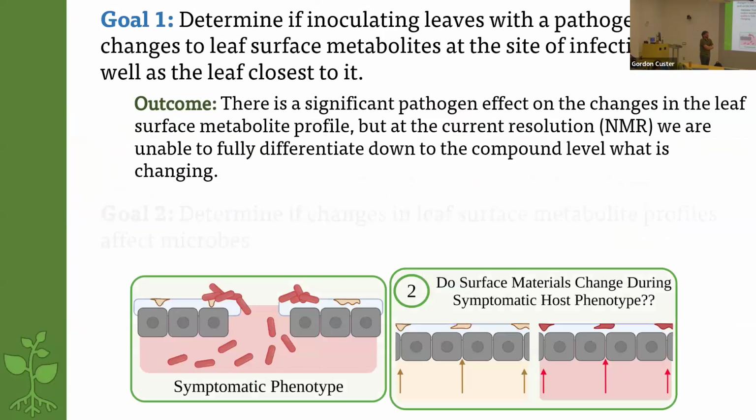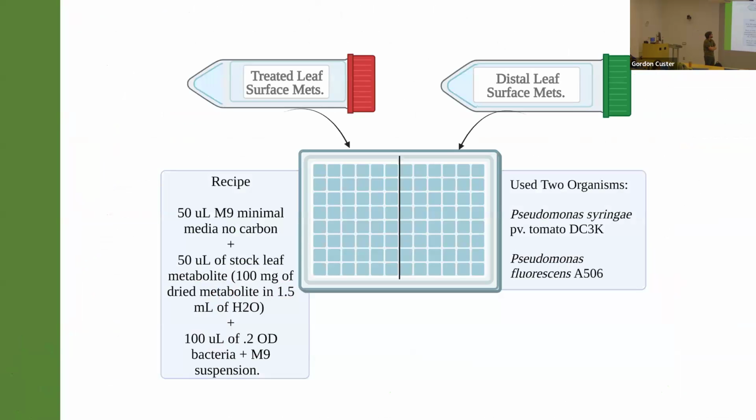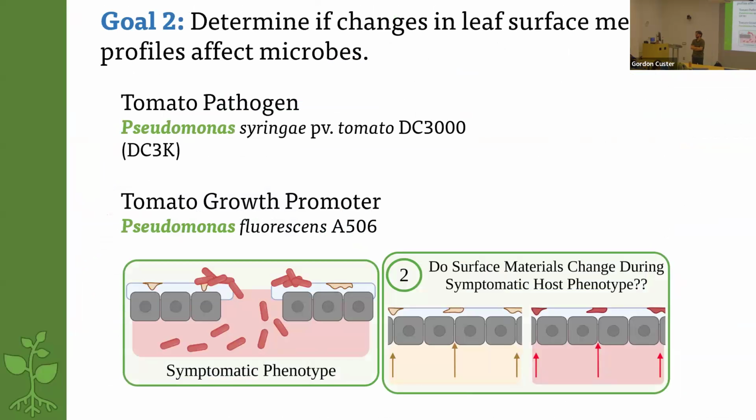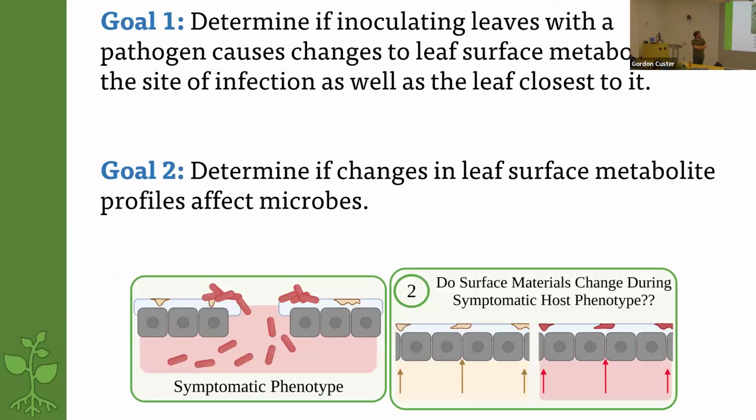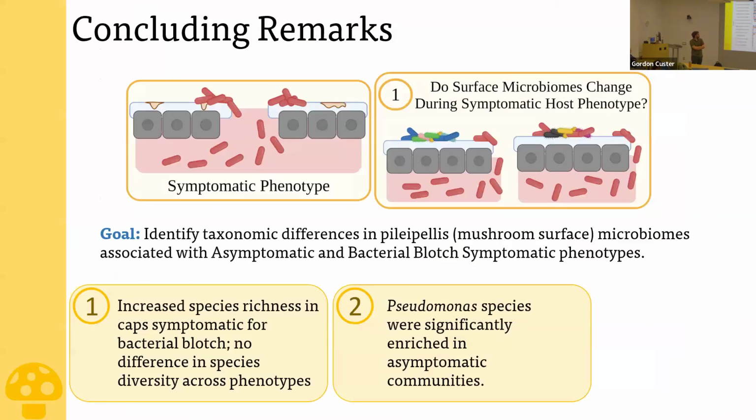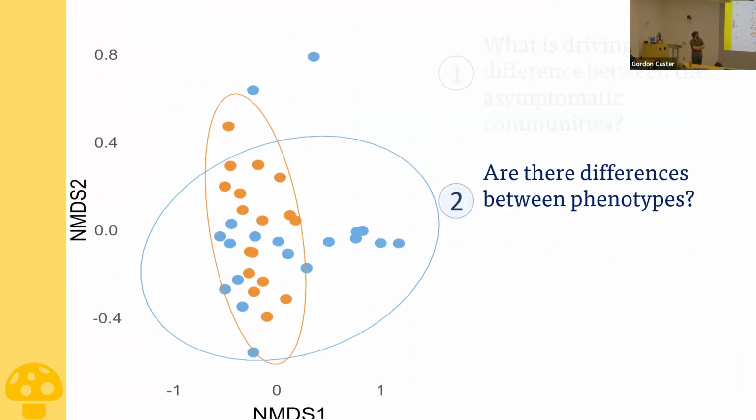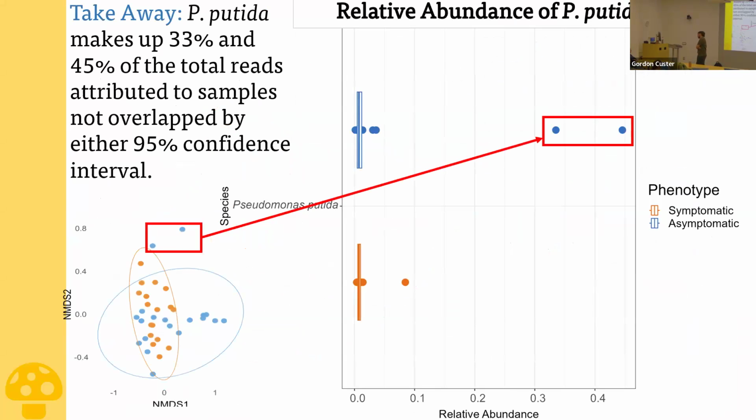And then my other question is for the mushroom work. With the beta diversity plot where you're looking at the asymptomatic and symptomatic, I see that you just did an unconstrained ordination, but have you tried doing a constrained ordination? Because I think you'd probably be able to pull those differences apart. No, I have not.